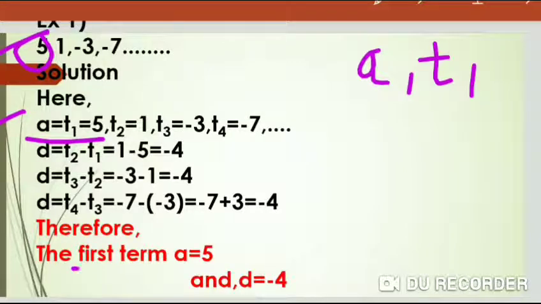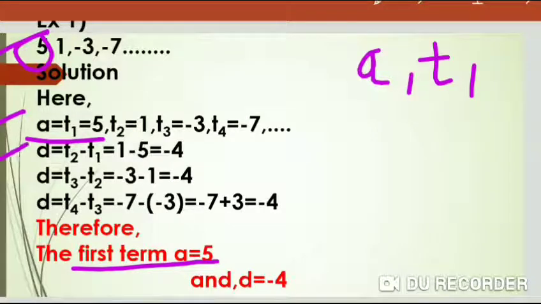That means here we get our first answer. The first term A is equal to 5. Okay. But see how we find out the value of common difference D. In order to find out the common difference D, we take the difference between two terms, that means the previous term and the next term.